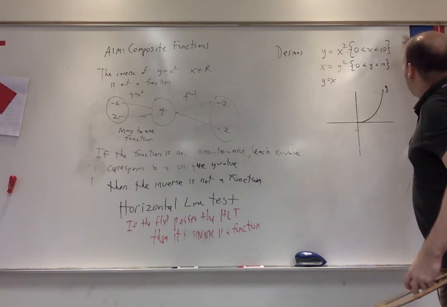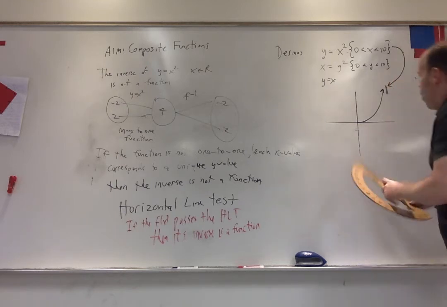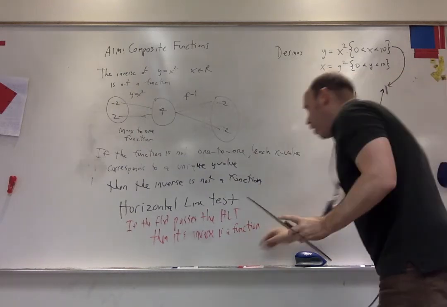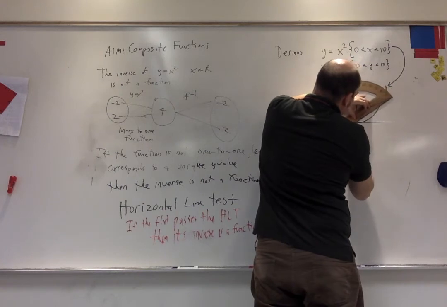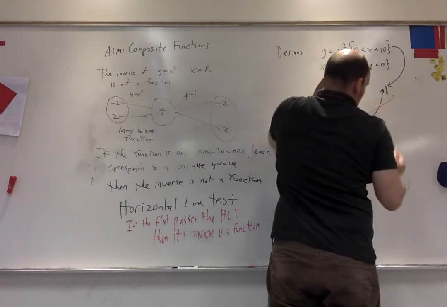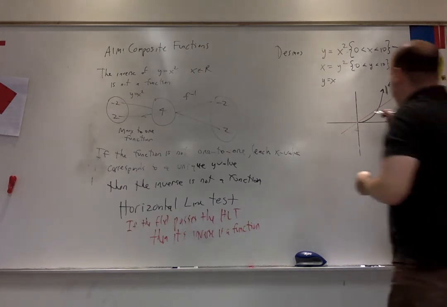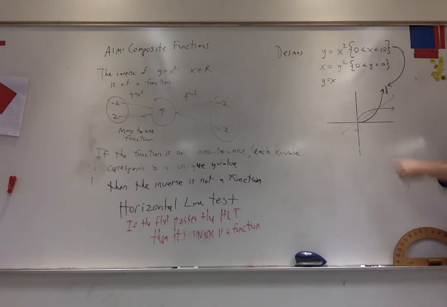That's this function here. Once again, we started at 0, we restricted it, and the reflection through the line y equals x. So we draw the line y equals x. The reflection now looks like this. Once again, it's restricted.